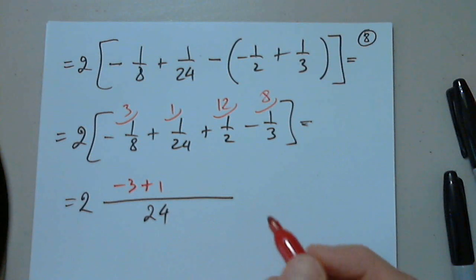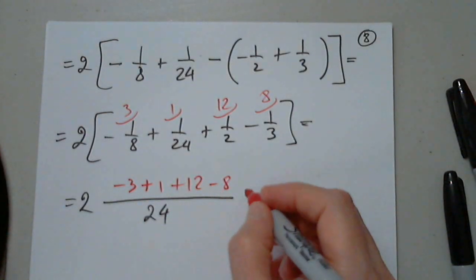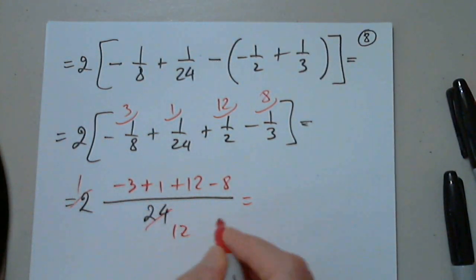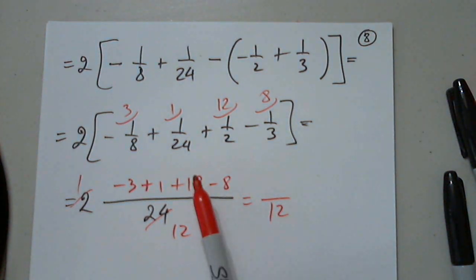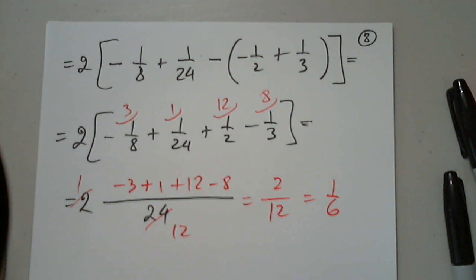Negative 3 plus 1 plus 12 minus 8. 13, right? 13 minus 11. So I'll simplify. Again, I have 13 minus 11, which is 2. So it's 1/6.